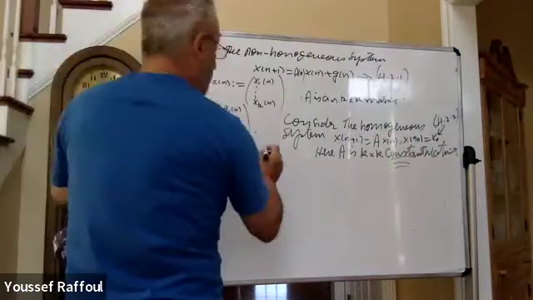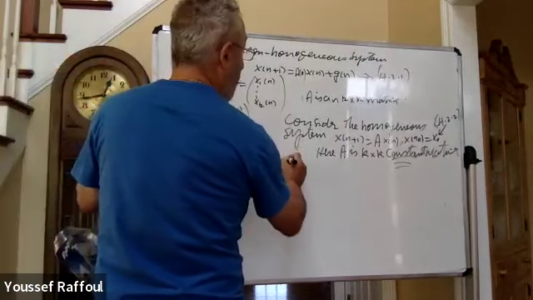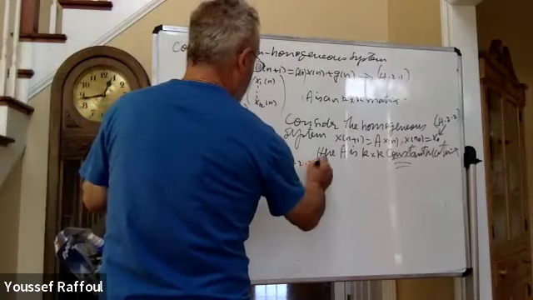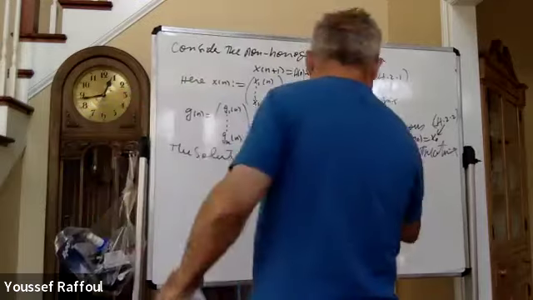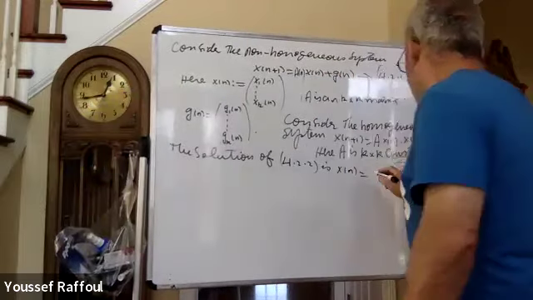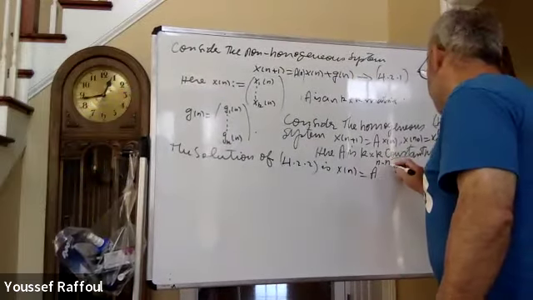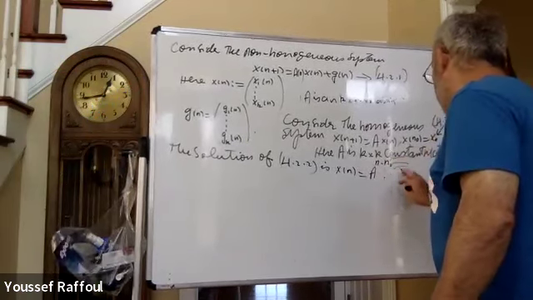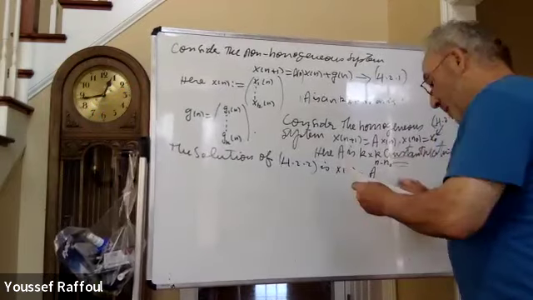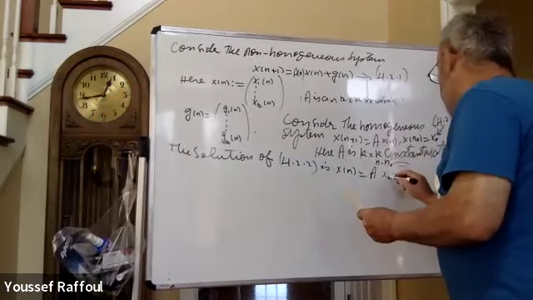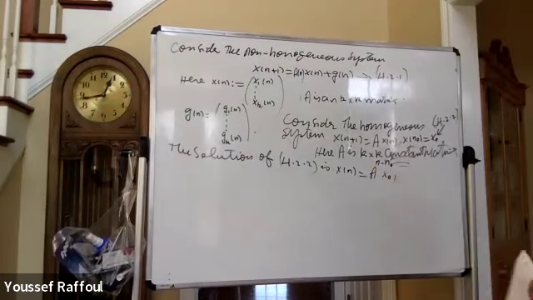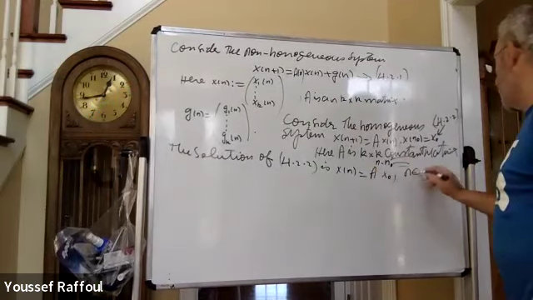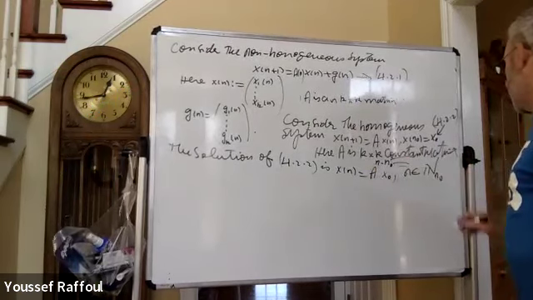So the solution of 4.2 is x_n equal to A to power n minus n naught x naught. All right, and n belongs to N naught.